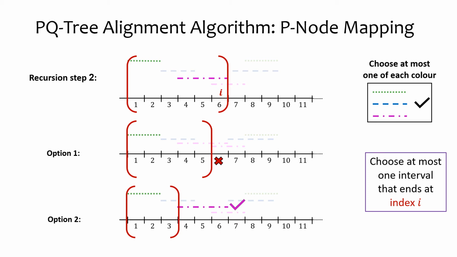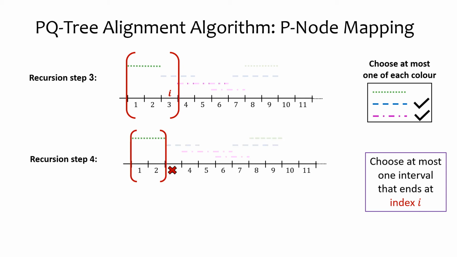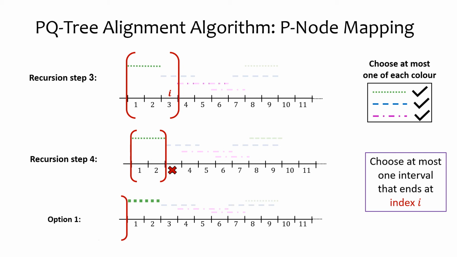As an example, let's say we chose the pink interval. Our new endpoint is 3, and we mark that we use the color pink. There is no interval that ends at index 3, so we can only delete a character. Now we can choose the dotted green interval, move the endpoint, and reach the end.